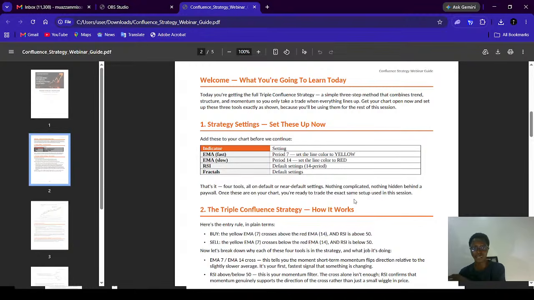Or if we're looking at a downward trend, we look at the RSI to know whether the sellers are stronger than the buyers in that market, and then the sellers will overwhelm the buyers, and then the chart or the market will end up going down.